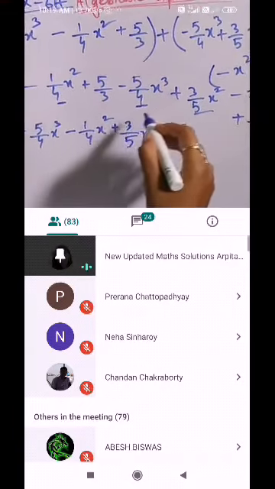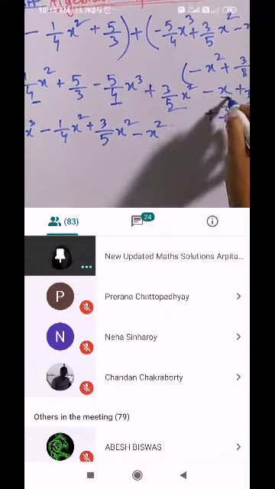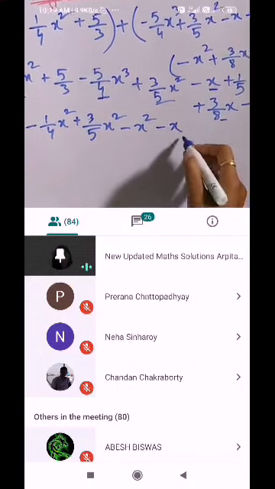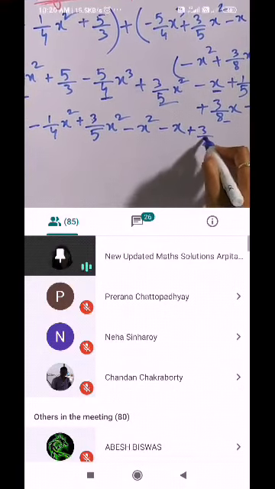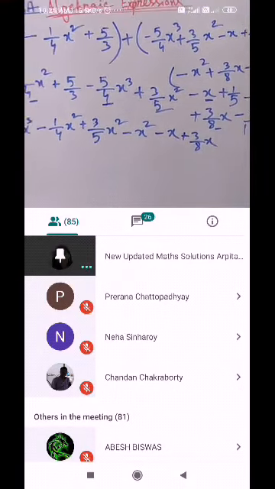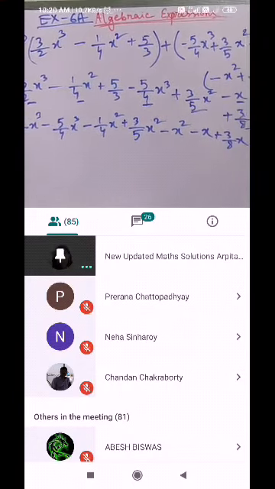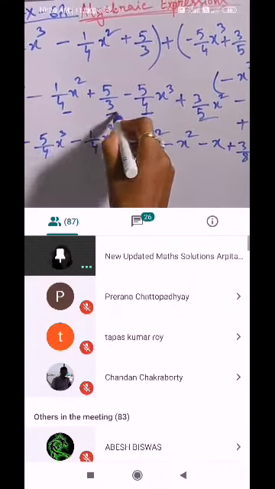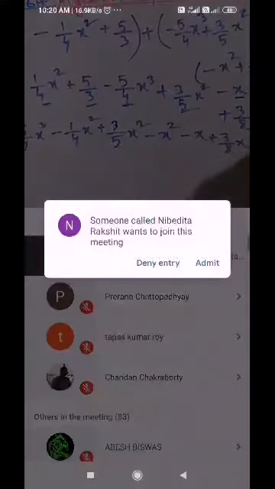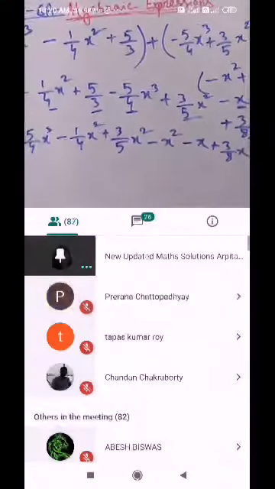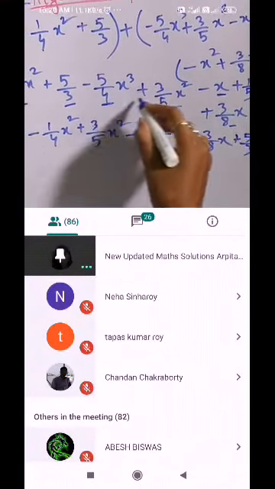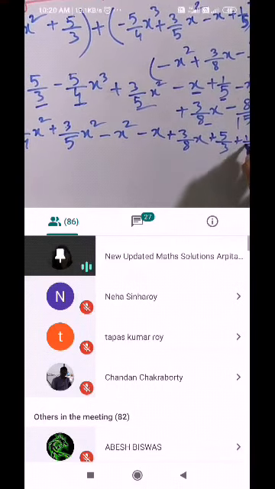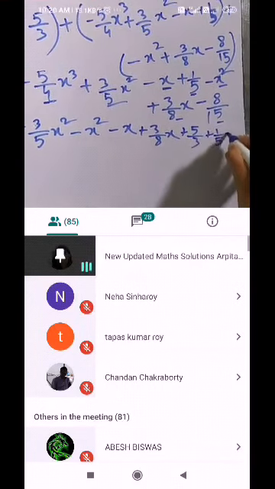Then we'll come to the next x term part. Minus x, and here is plus 3 by 8 x. Then constant term plus 5 by 3. Is any term left? Yes, plus 1 by 5 minus 8 by 15.